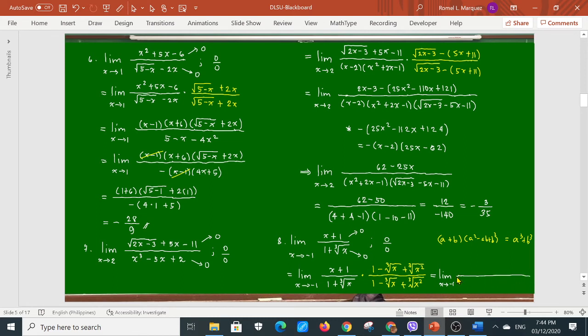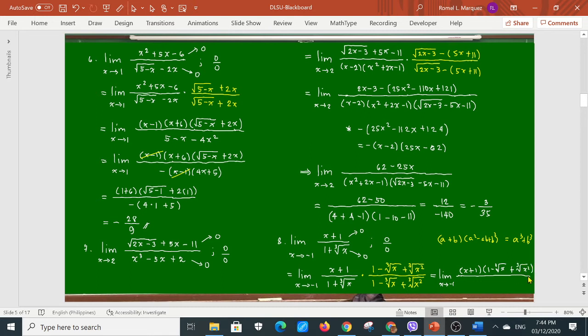What is the product of the numerator? x plus 1 times 1 minus cube root of x plus cube root of x squared.